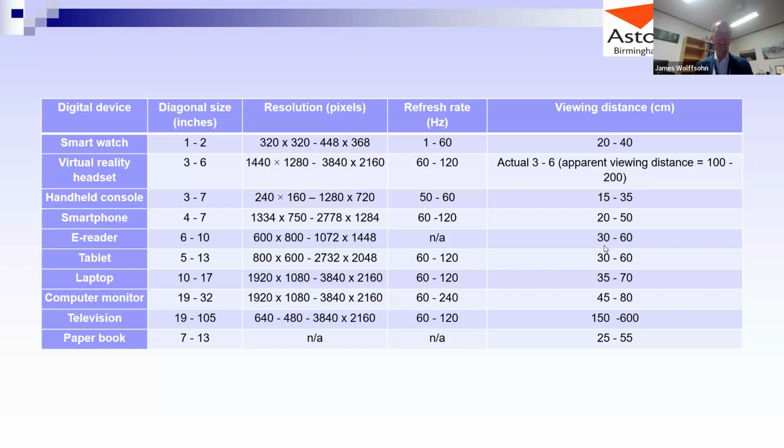Obviously, television can be a digital device, particularly if you're playing a game, for example, with a controller connected to your TV. That's a much further viewing distance. Refresh rates vary very dramatically, as does resolution, and these things are improving all the time, but sometimes an improvement in resolution can be challenging for the visual system because it means that more detail is packed into the screen.